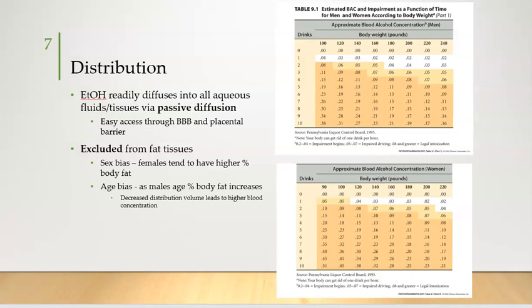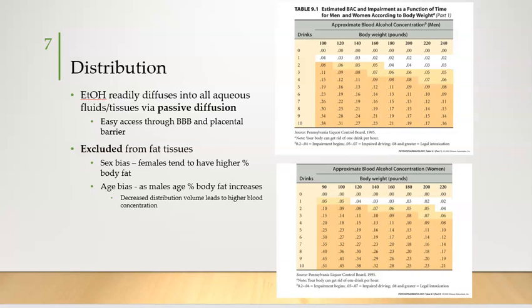It is excluded from fat tissues, so that's why there's a sex bias, where females tend to have a higher percentage of body fat, and an age bias. As males age, they increase the amount of body fat they have, and so that will then decrease the distribution volume, which leads to higher blood concentration.